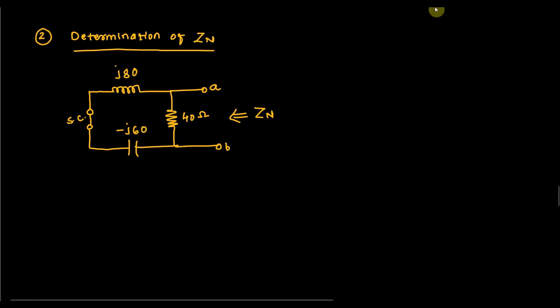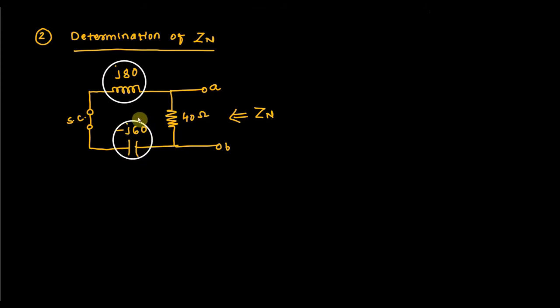So if you see this, these two, that is this inductor and this capacitor, are now connected in series, because you can see that the same amount of current is flowing through this inductor as well as the capacitor. So this circuit can be modified like this. I will combine both, so we will get an impedance.